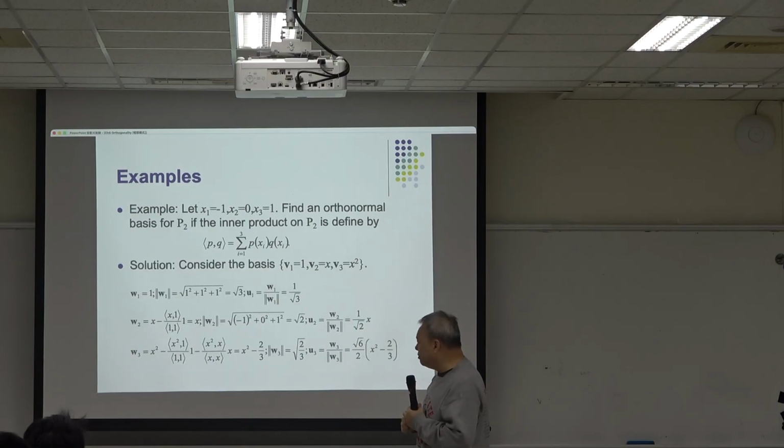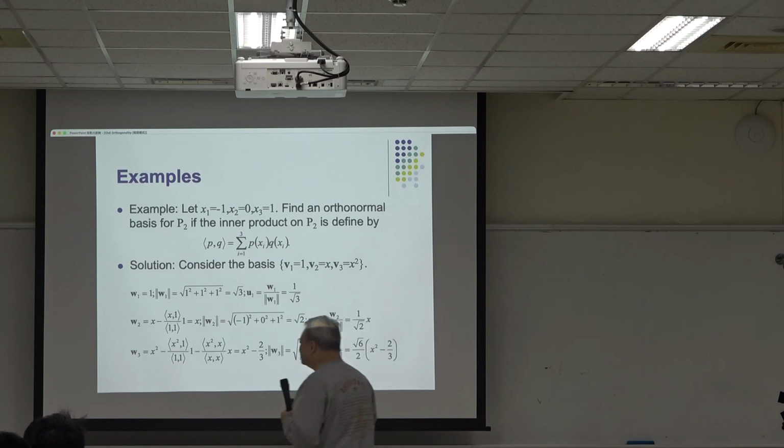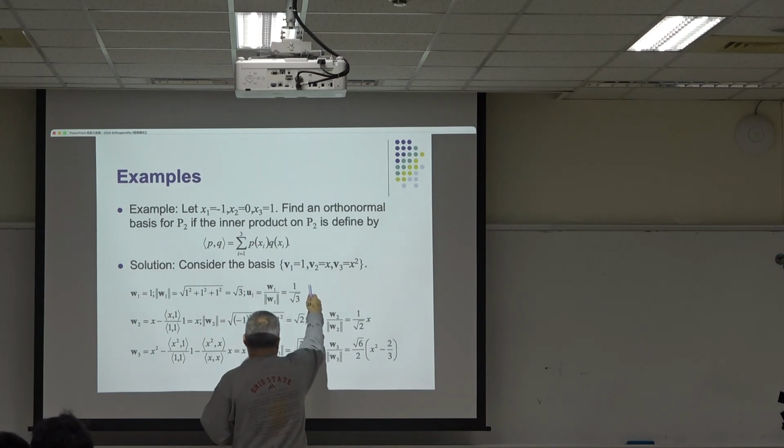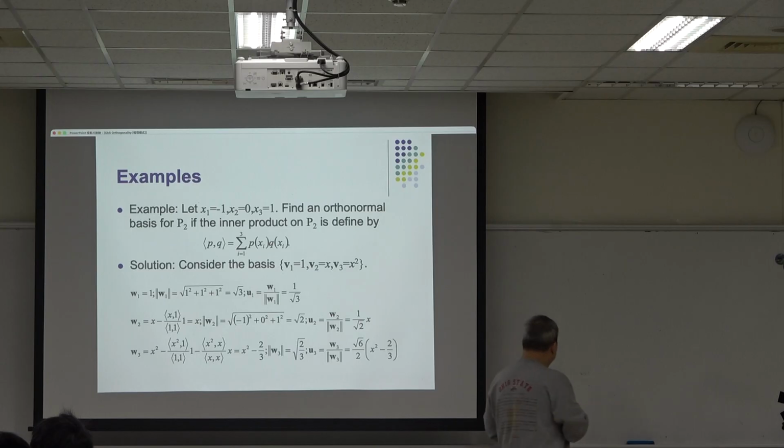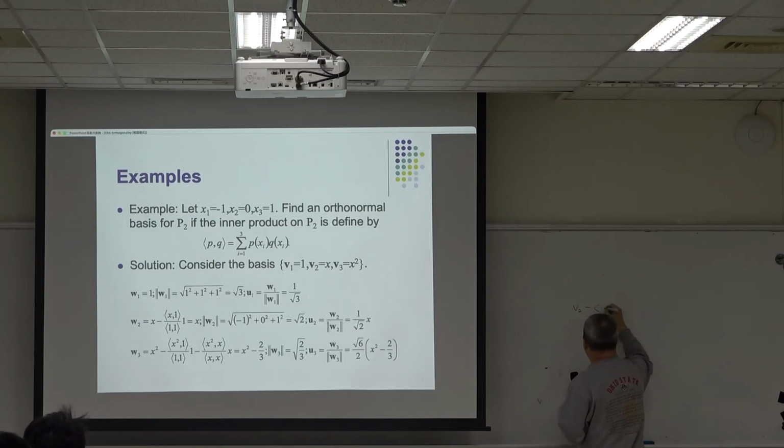And then it's w2. w2 is v2 minus v2 dot w1 divided by w1 dot w1, times w1, and this is v1.